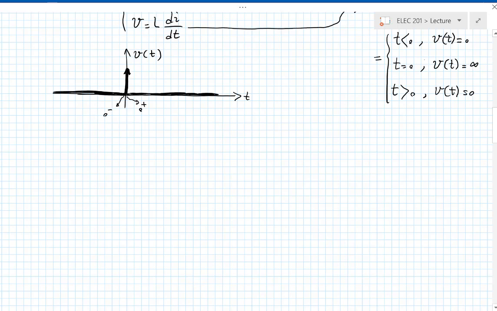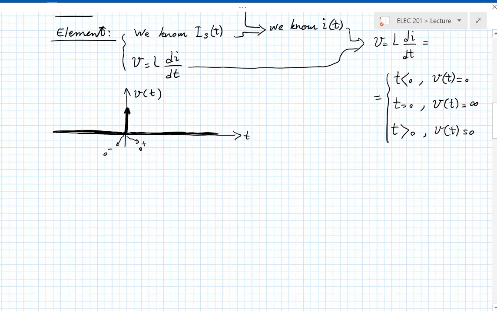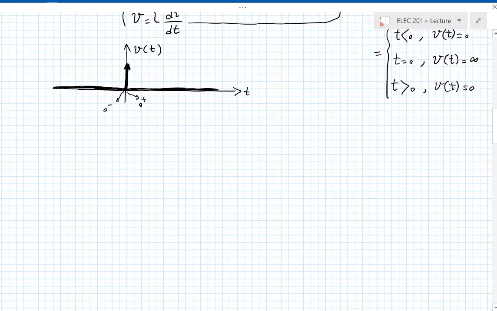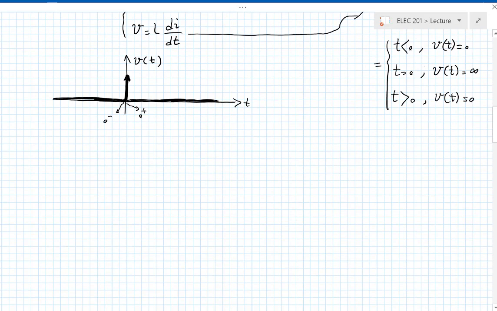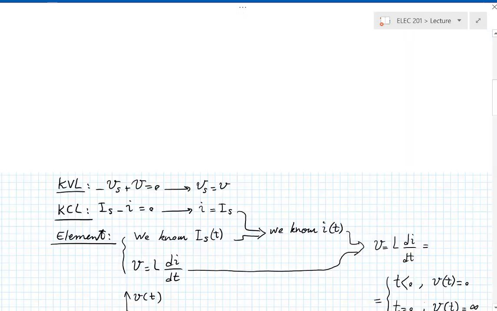It would have helped if you had seen the delta function in another context, but we'll skip that. Here's something very interesting and important that you can do. Tell me what the integral of the function v is from minus infinity to infinity.